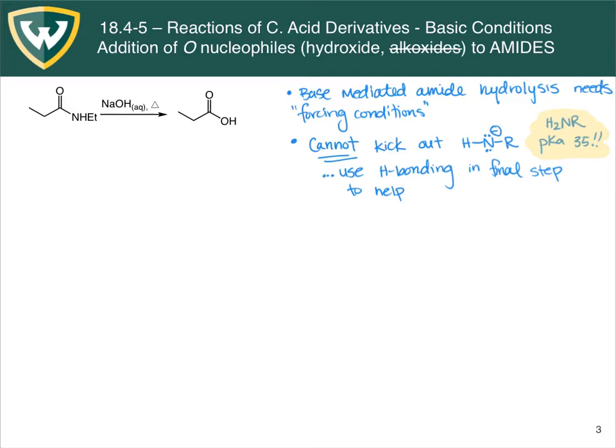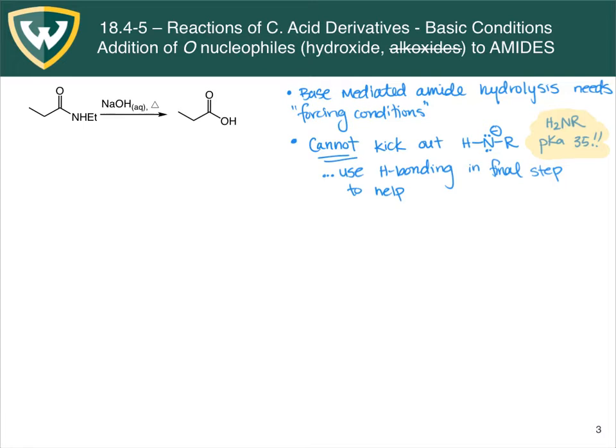We cannot kick out an N- derivative because the pKa of the conjugate acid is 35. That means that this N- is exceptionally basic. It's too high energy to form that in the presence of water. So we'll have to use a new trick in the mechanism where we use hydrogen bonding in the final step. So with that in mind, let's go forward.